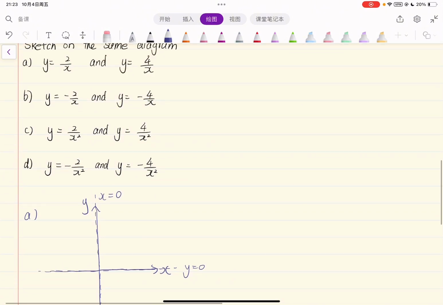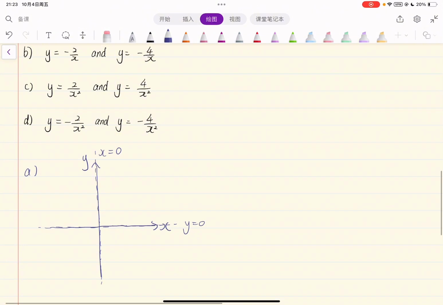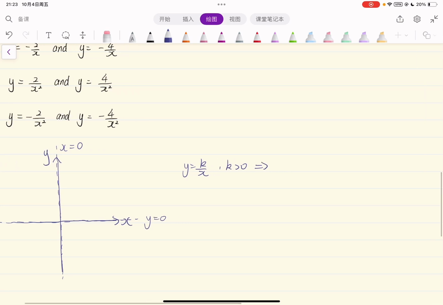Remember that here we have k equal to 2 and 4, both greater than 0. So y equals k over x with k greater than 0, the curve is in the first and the third quadrant.